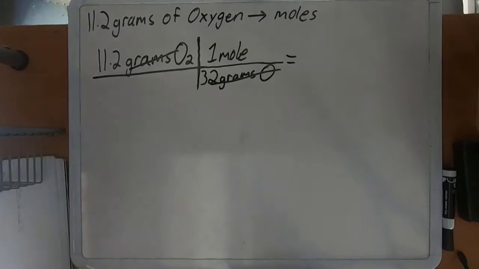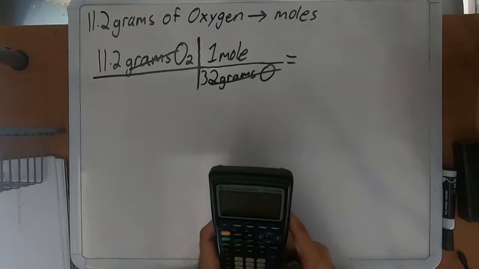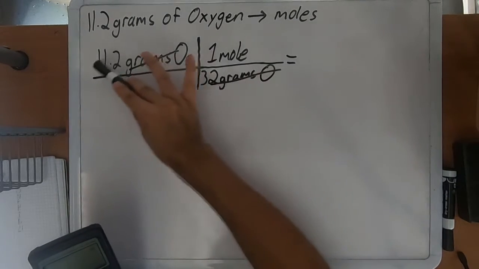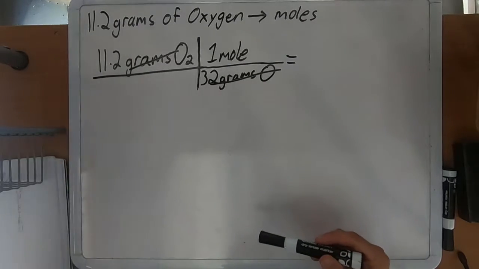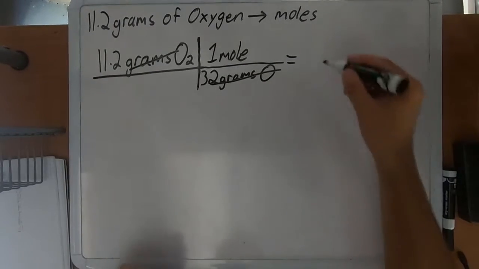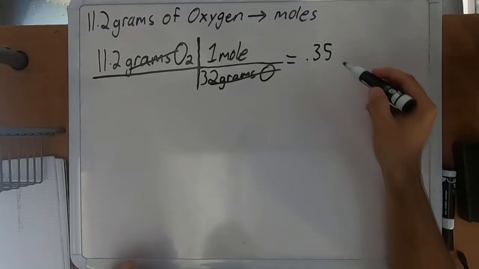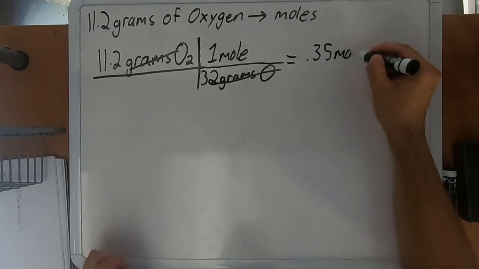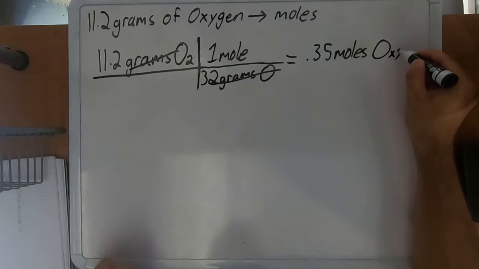So 11.2 divided by 32. Now remember, when I do this cross off, I don't cross off the number. It just shows that the units cancel out. So 0.35 moles of oxygen.